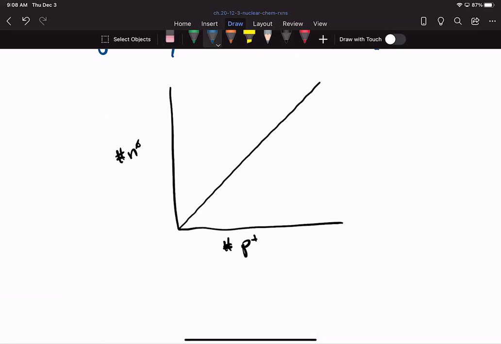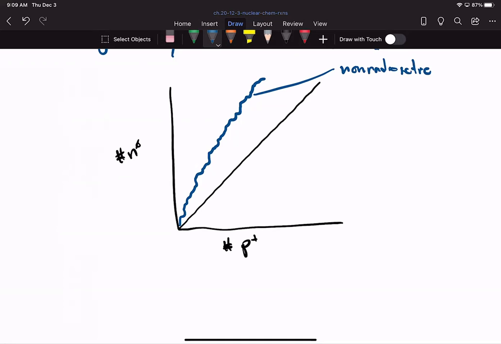I'm just going to draw it out. I don't want to go to the book yet. But we end up with a trail that looks something like this, right? And this represents something that's, we'll say, non-radioactive.